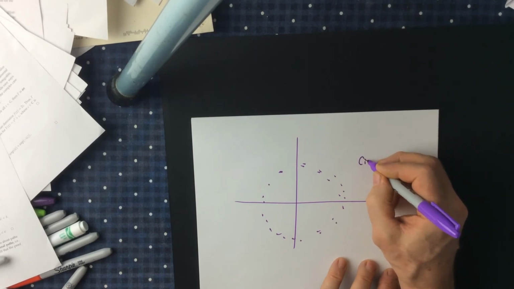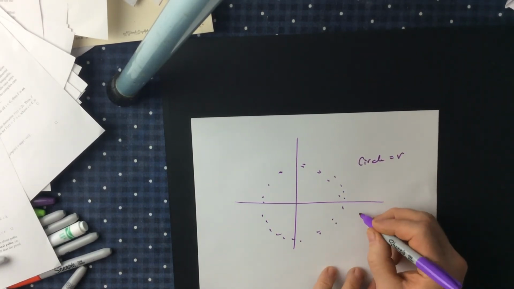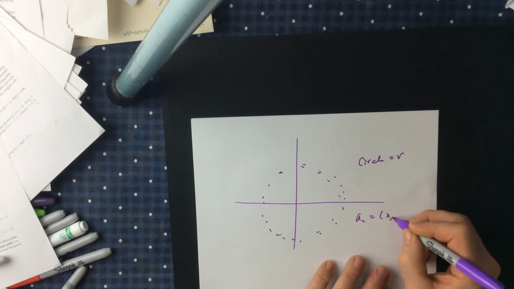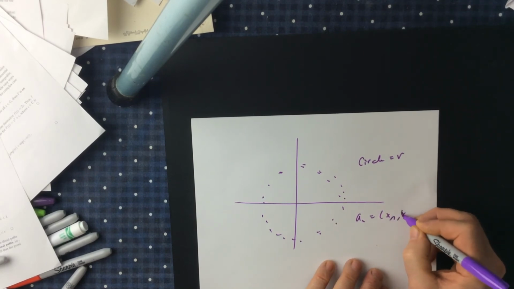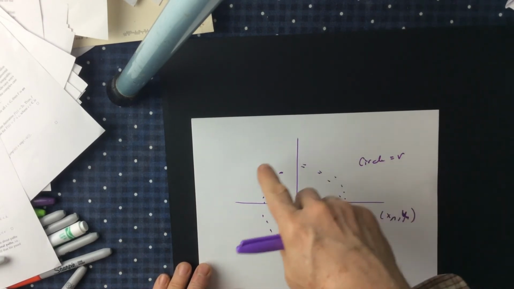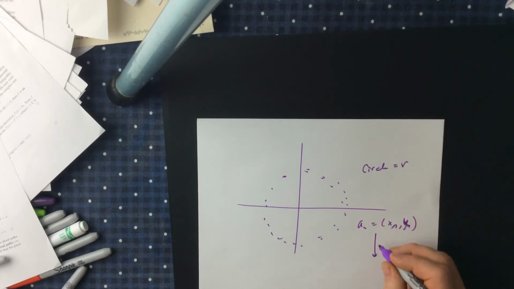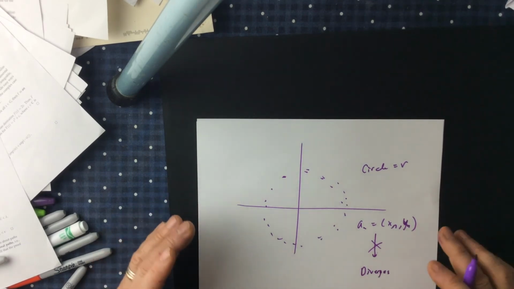So we have a circle of a fixed radius r. And so my A_n is actually a sequence of points, (x_n, y_n), but we're going around. Now, if we're going around like this forever, these points are not converging to anything. And we call that divergence.